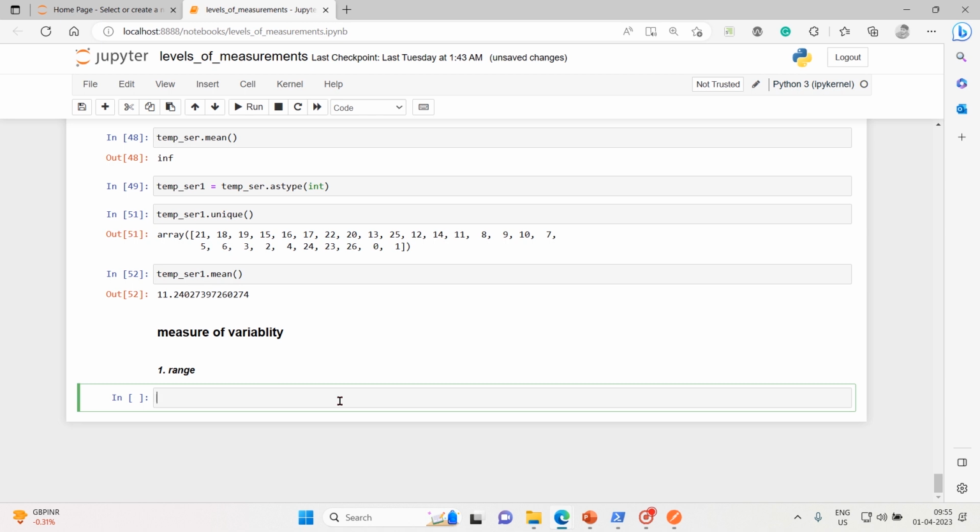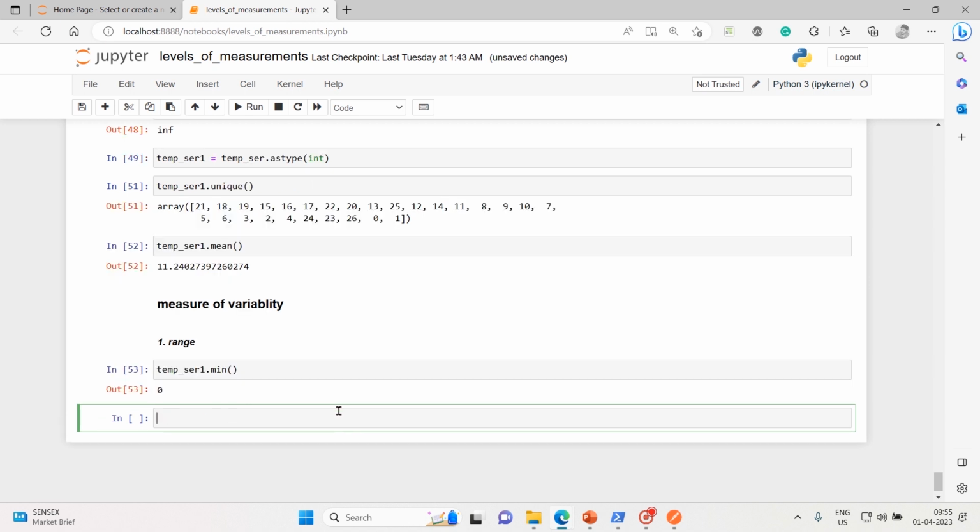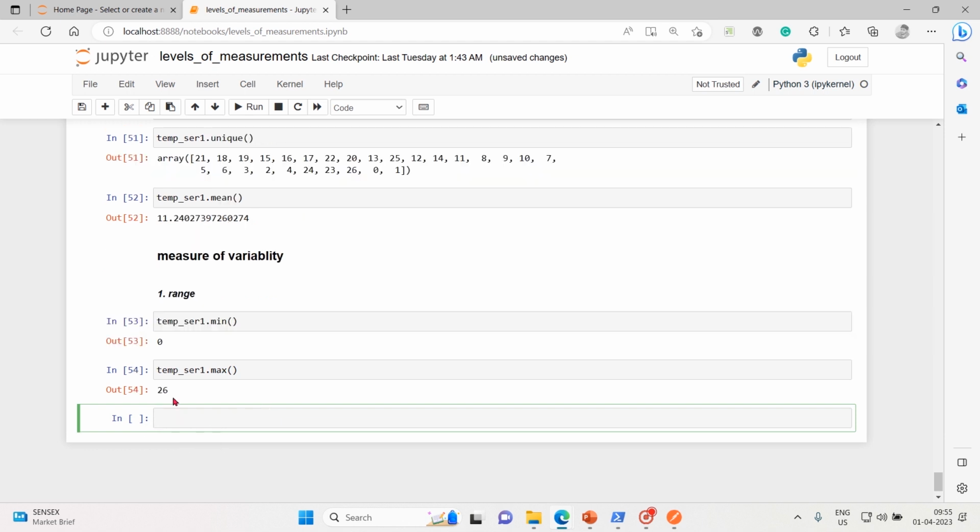So let's use the min and max methods from pandas to find out the range. Let's calculate the min and the max both. So we have temp series 1, and then I'll go for the min. This is the min value. Then the temp series, and I'll go for the max, and this is the maximum value.